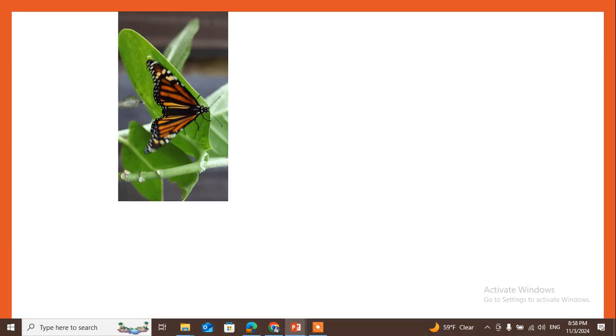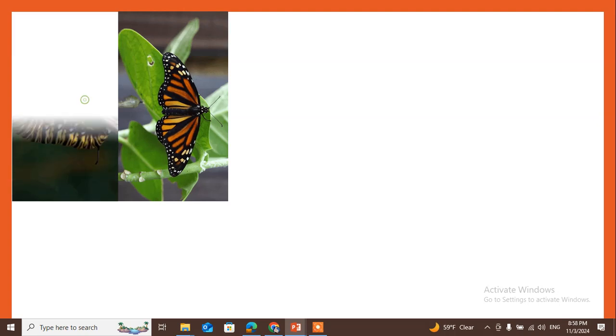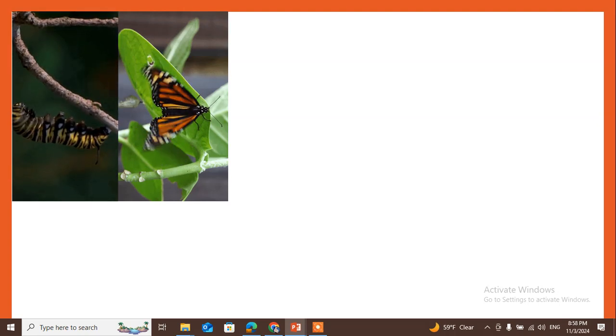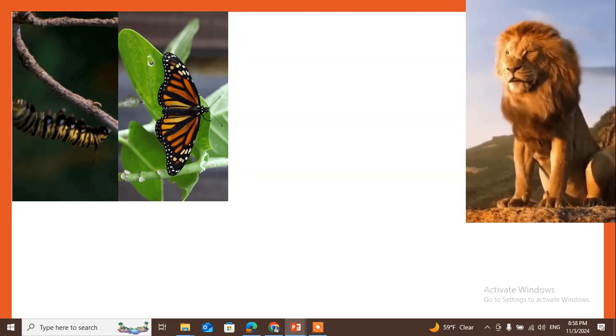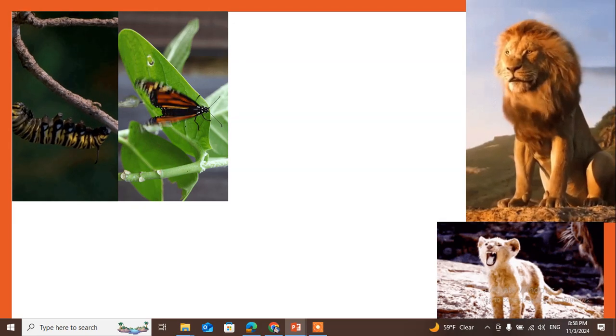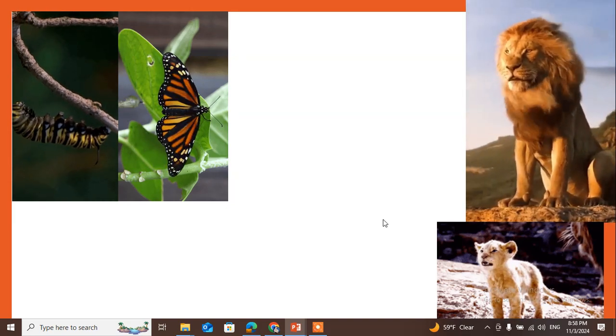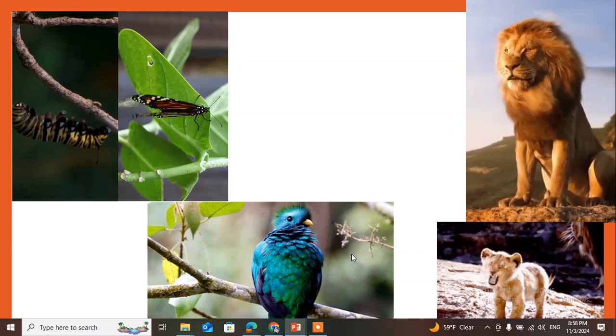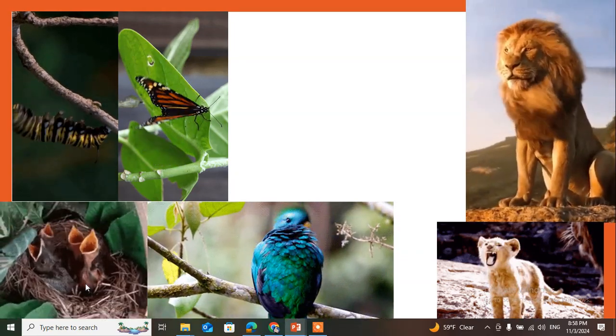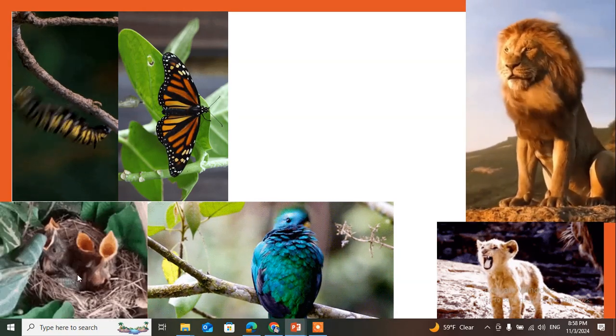This is an adult butterfly. And this is its baby. What about this picture? This is a lion. And in this picture, you can see its baby. This is an adult bird. And these are its babies.